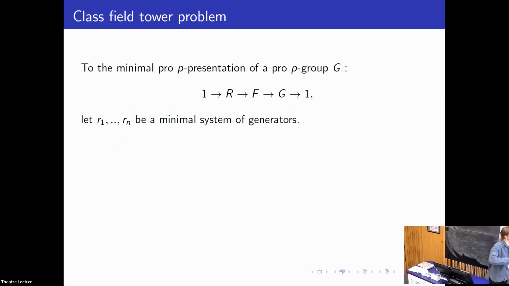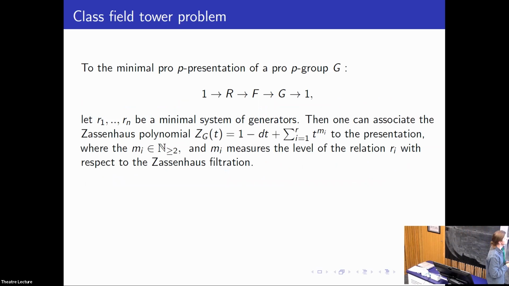And here's the connection to the class field towers. We now pick a minimal system of generators, call them R_1 to R_m. Then you can associate what's known as a Sassenhaus polynomial to such a presentation. That's 1 minus dt, where d is the number of generators of F, plus the sum from i equals 1 to m of t^{m_i}, where the m_i turn out to be greater than or equal to 2.